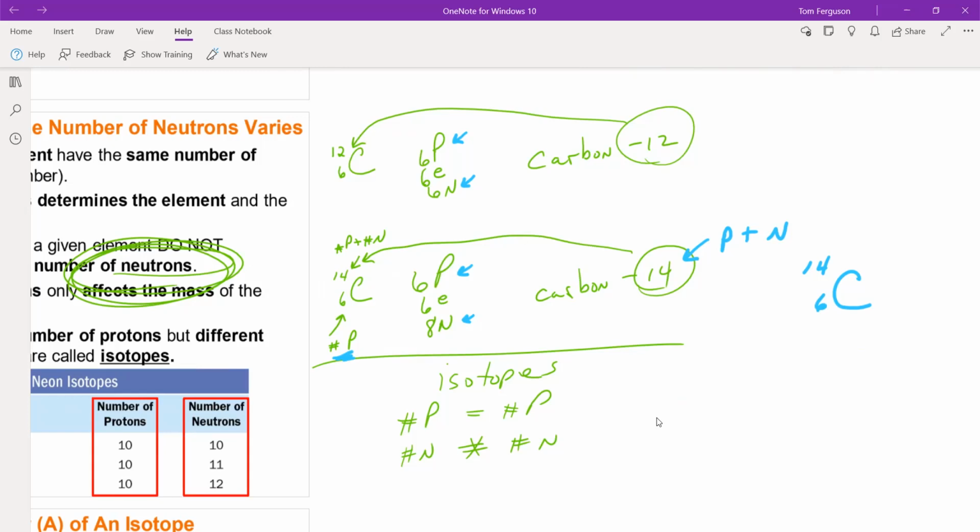Now that worksheet will talk about these. I'll give you a big table, and you'll have to fill in the missing numbers, just practicing this.